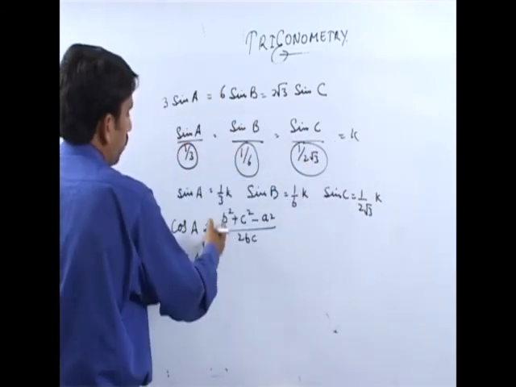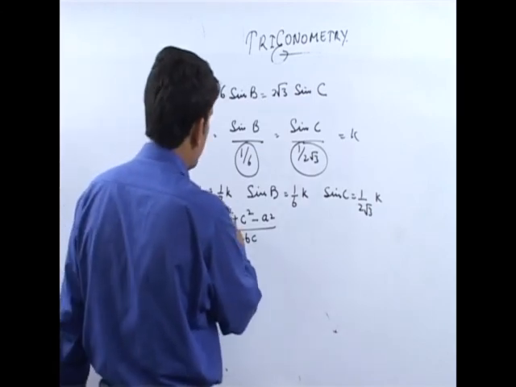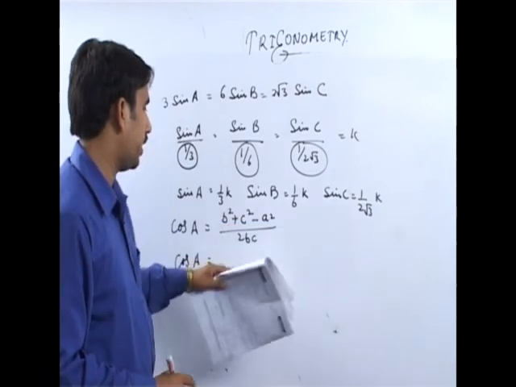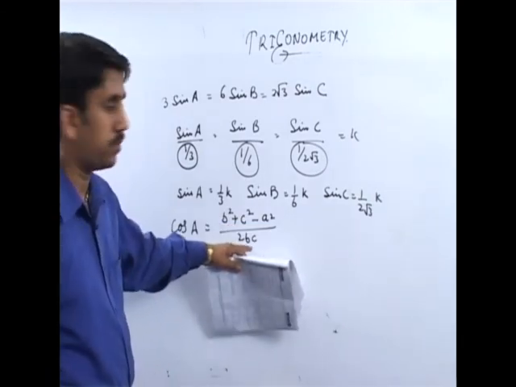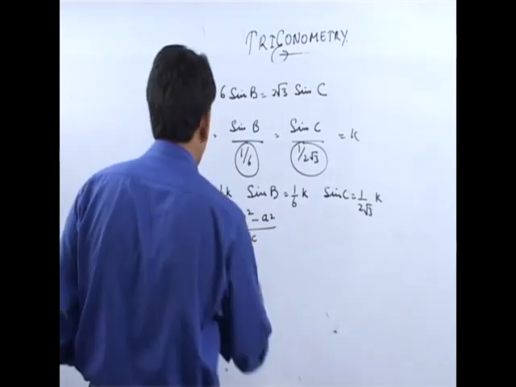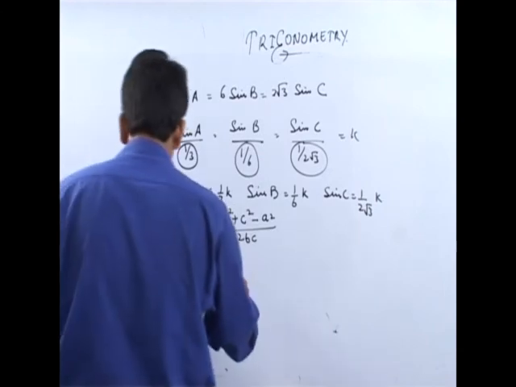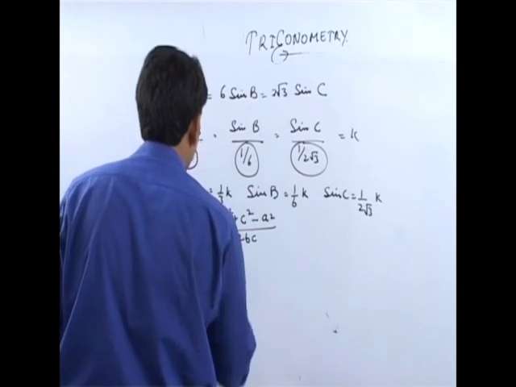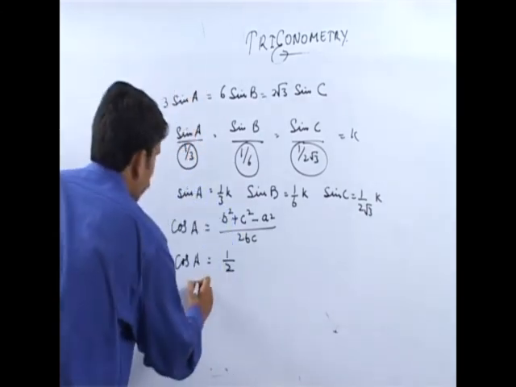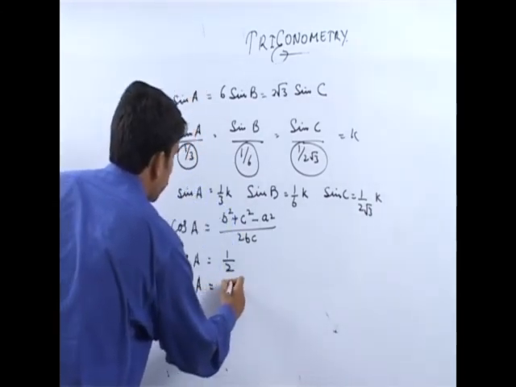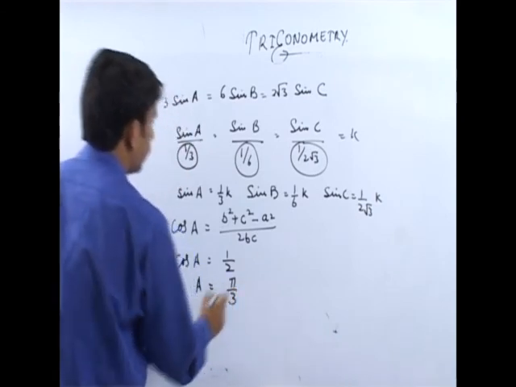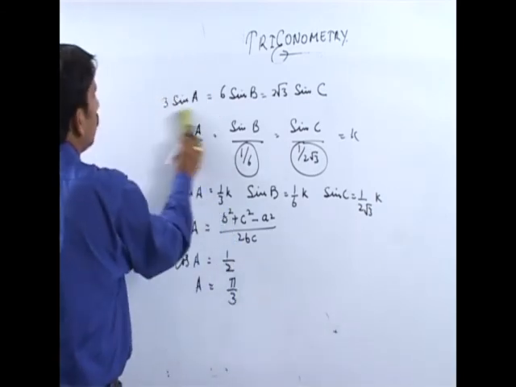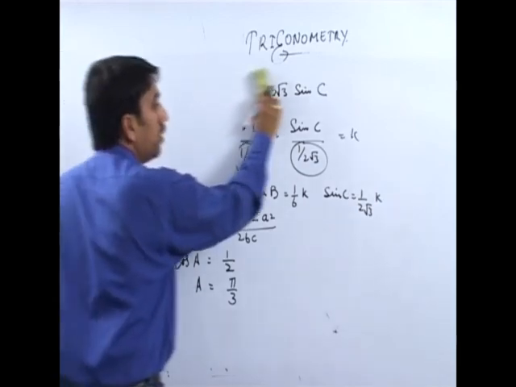When you put the values, a is k sin A, b is k sin B, and c is k sin C. And when you solve it, you will get cos A is equal to 1 by 2. Therefore A will be equal to pi by 3, which is the required answer for angle A.